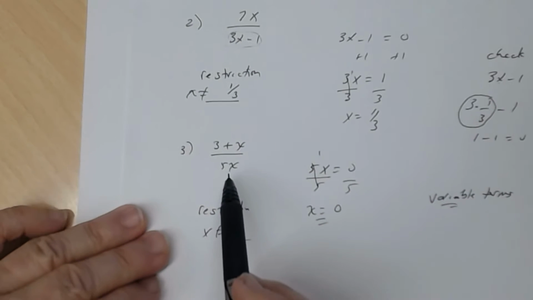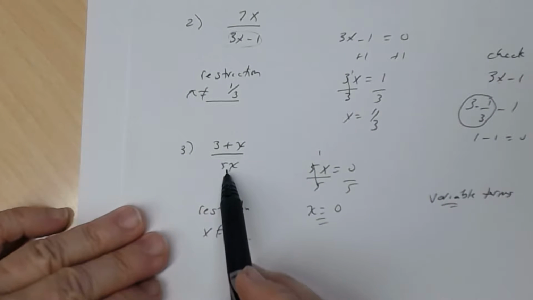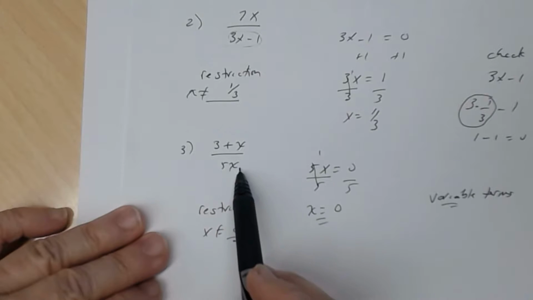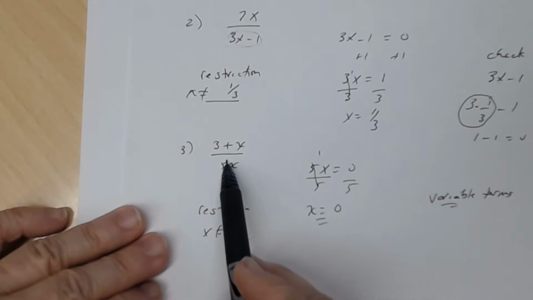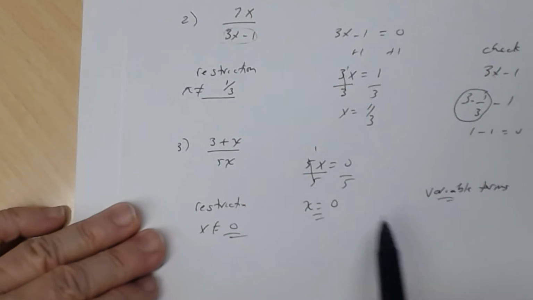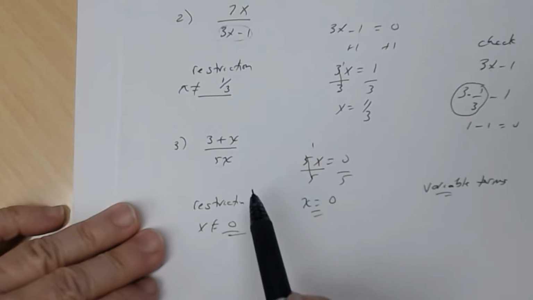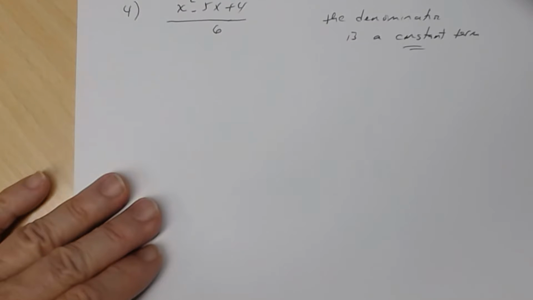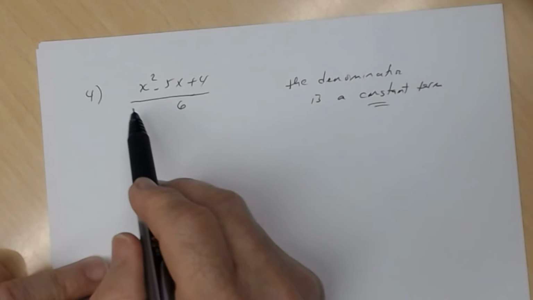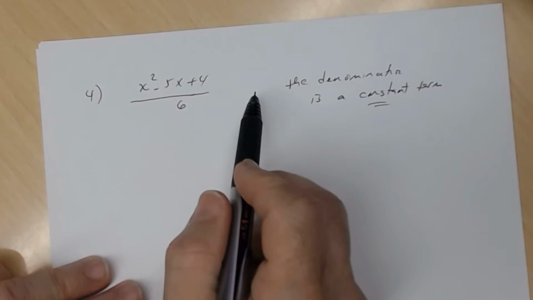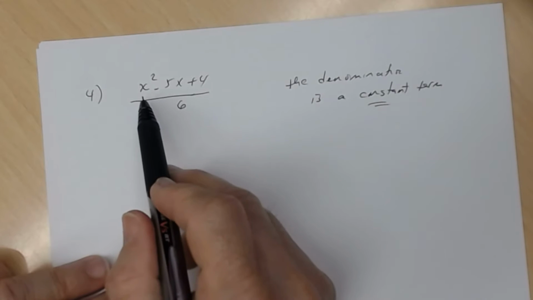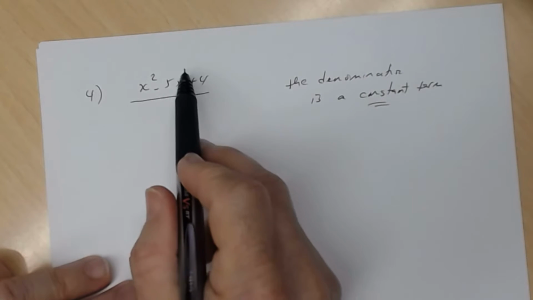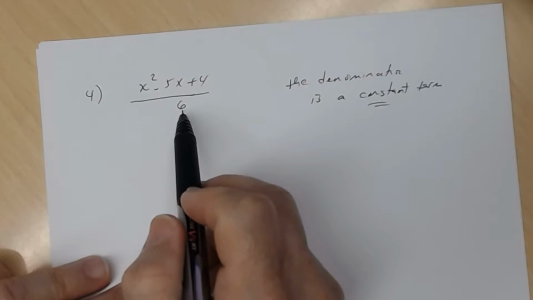Whereas over here, if I let x equal 1, I get a 5. If I let x equal 2, I get 10. If I let x equal 3, I get 15. Notice it varies depending on what I plug in for x. Over here, though, no matter what I plug in for x, if I let x equal, let's say, 2, the numerator is going to be some value, but the denominator is always going to be 6.